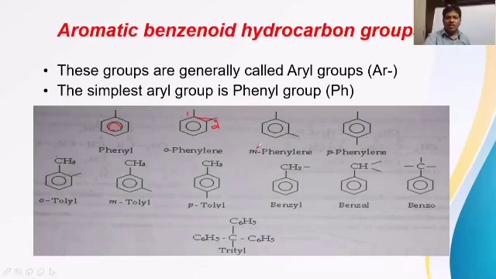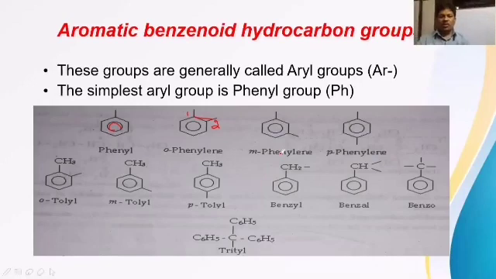And here, metaphenylene. The meta position has lost 1 hydrogen atom: 1 hydrogen from the first carbon and 1 hydrogen from the third carbon. This third carbon is generally called the meta carbon. So we have to say metaphenylene is obtained by the removal of 2 hydrogen atoms from the benzene nucleus.